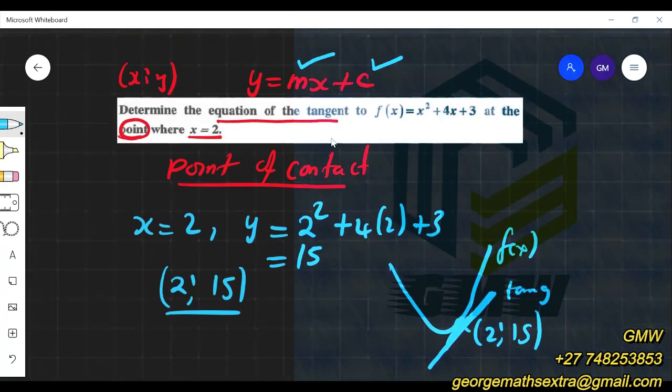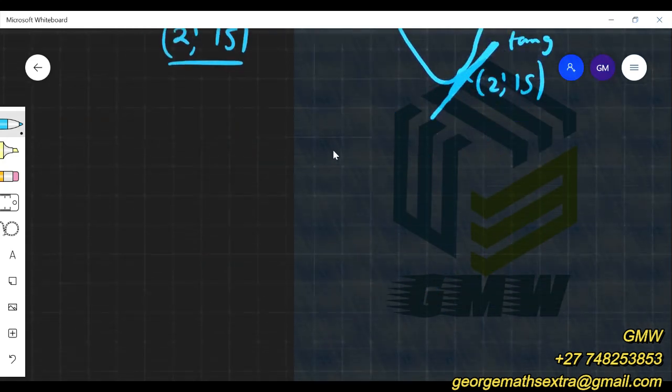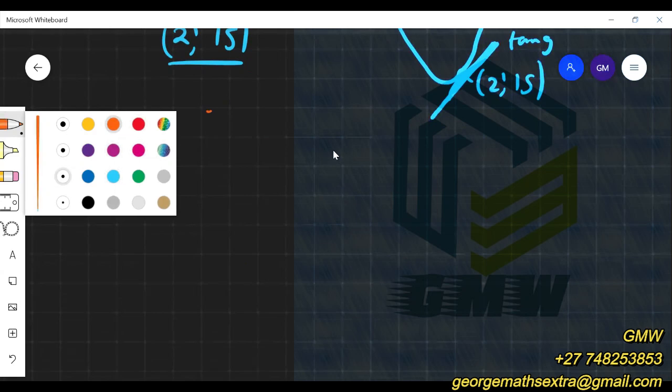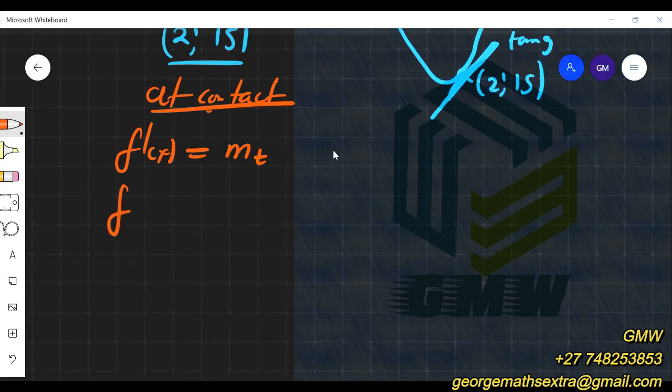We don't have the gradient of the tangent, right? But we found the point of contact. So this is what will happen at contact. We said at contact, the gradient of the function is equal to the gradient of the tangent, right?